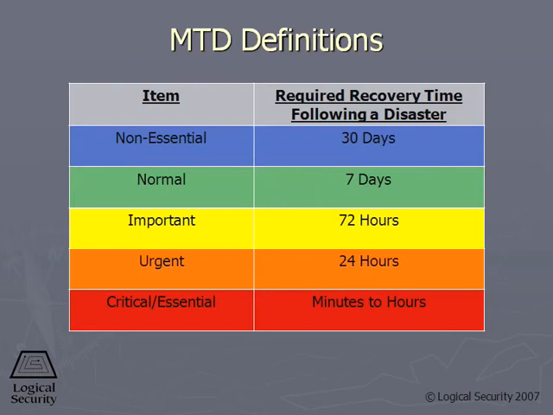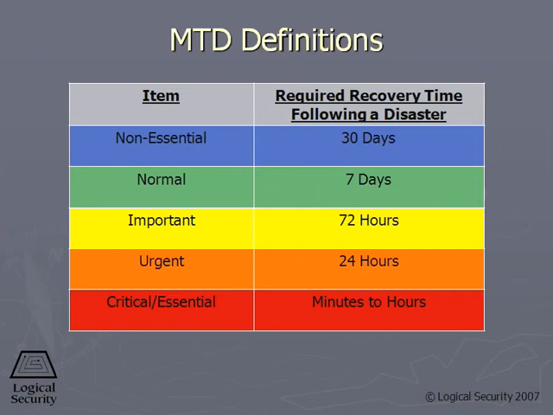Now, I said that NIST uses MTD, and that's why it's on the CISSP exam. Most of the things on the CISSP exam you can find in NIST documents, which are the best practices for the industry. Even though an organization can come up with their own categories, like I said, you can define what critical is.